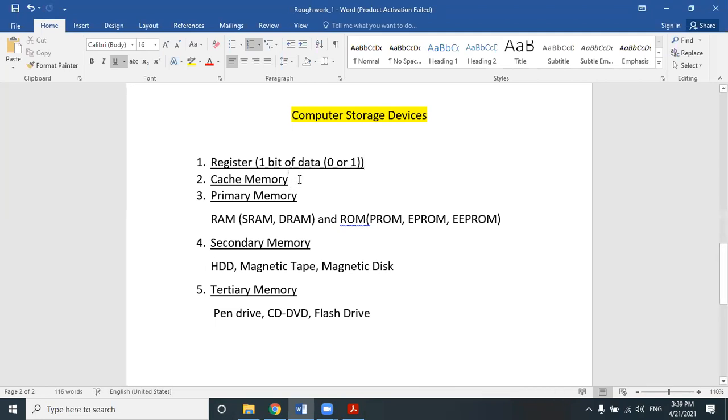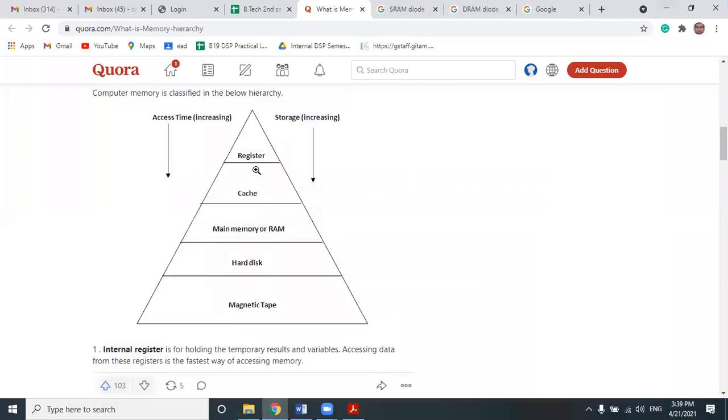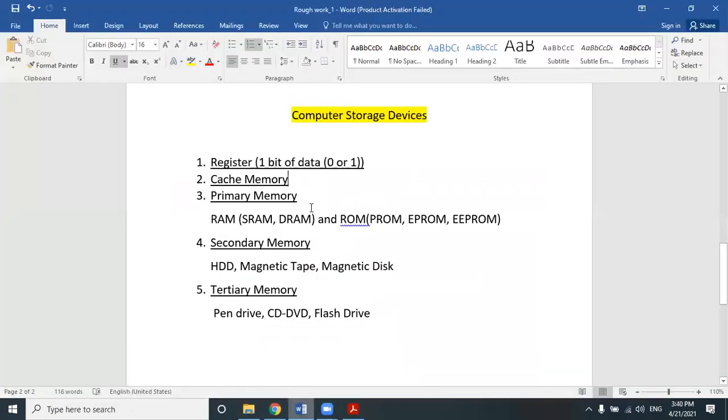Okay. So obviously you can understand how small the size of the register is, and there are several kinds of registers available in computer system architecture. It depends on various architectures. Accumulator is one of the important registers. Then program counter, PC, is one of the important registers.